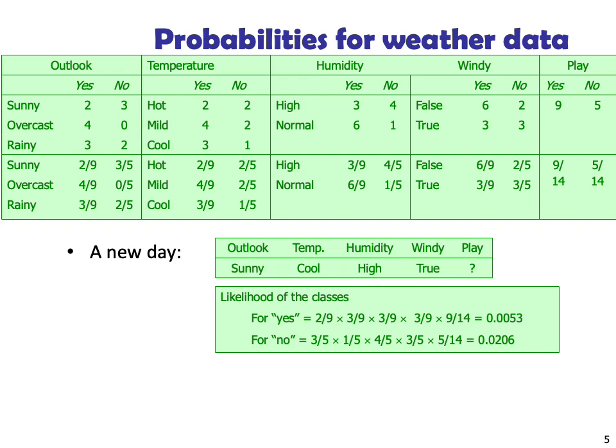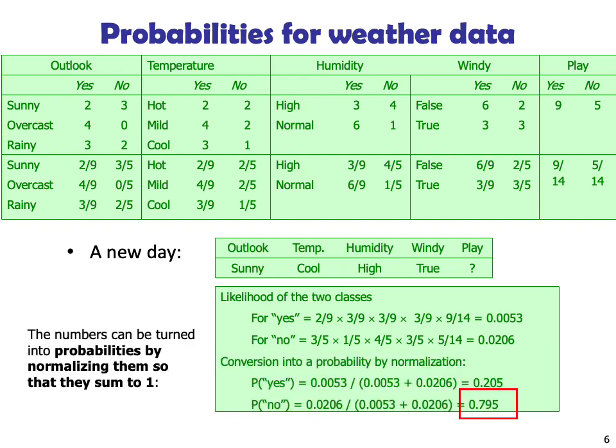This will give you 0.0206. So the values of the calculated likelihood show that for this new day, class no is more likely than class yes. So we can turn these numbers into probabilities via normalizing them so that they sum to 1.